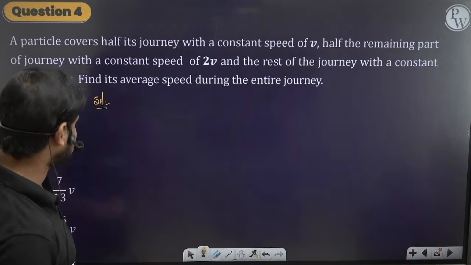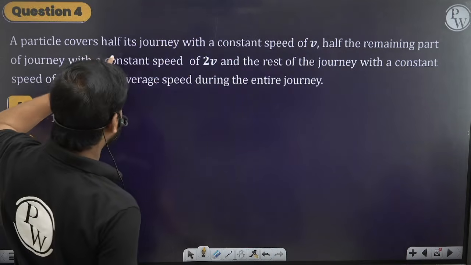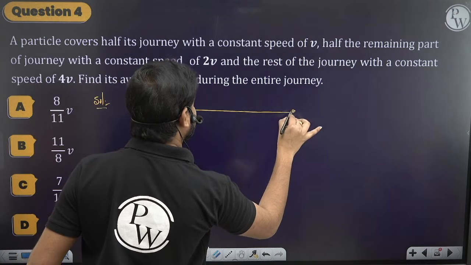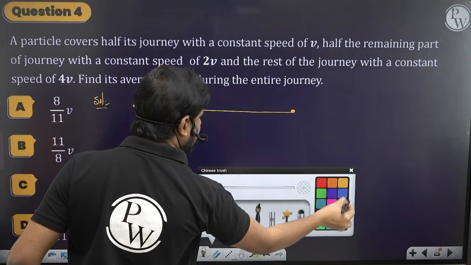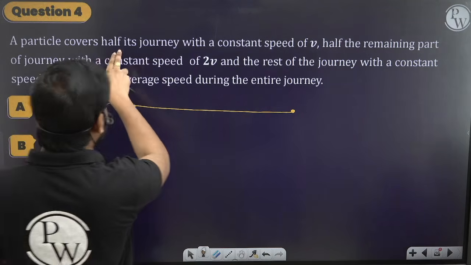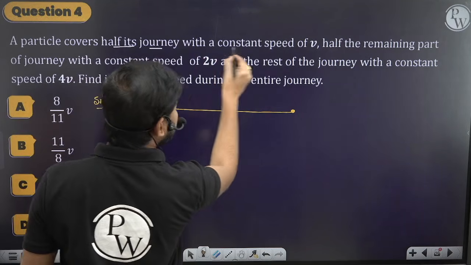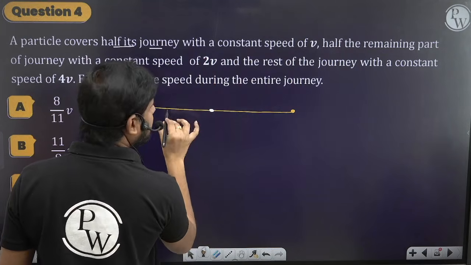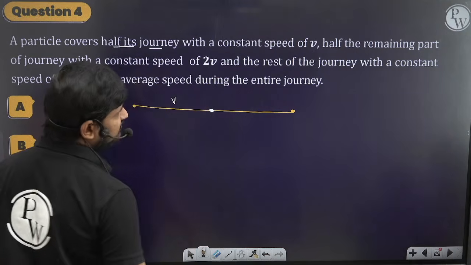First understand the question. A particle covers half of its distance. Let this be the total. Now in how many parts is it changing its velocity? See here, it covers the first half of its journey with constant speed v. So let the first half be this one, where it's maintaining velocity v.